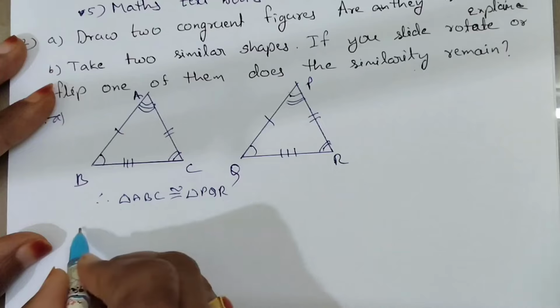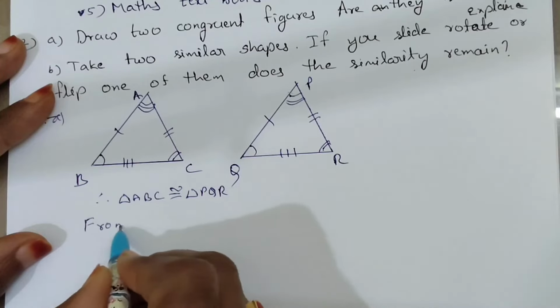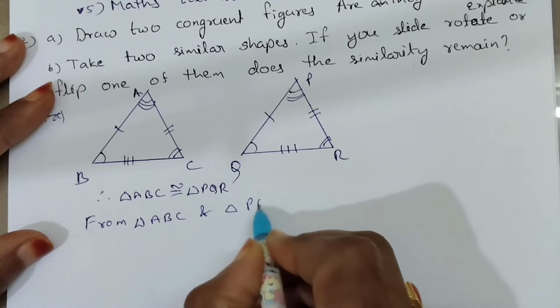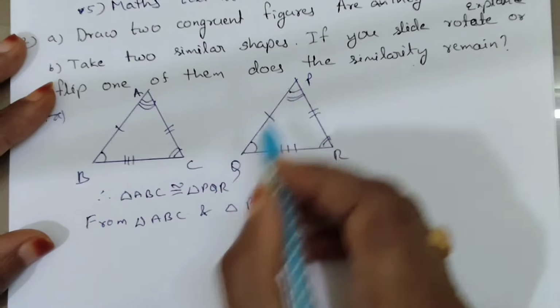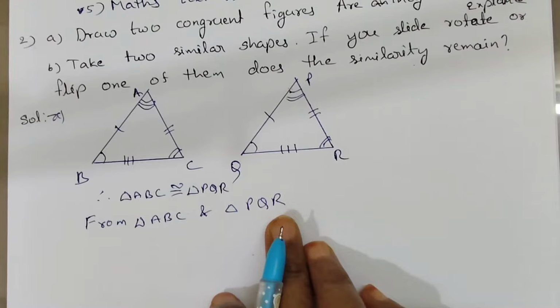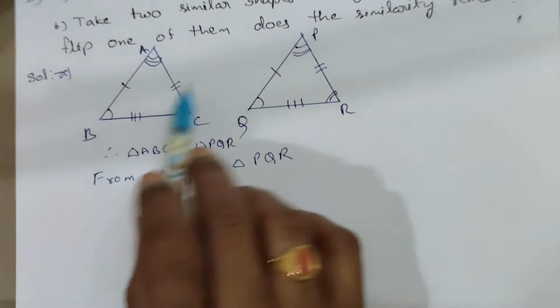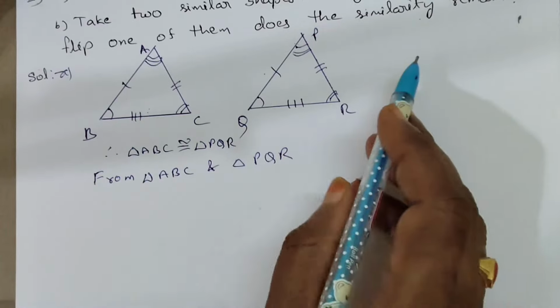So now from triangle ABC and triangle PQR, we compare these two triangles. First, corresponding sides are equal and corresponding angles are equal.